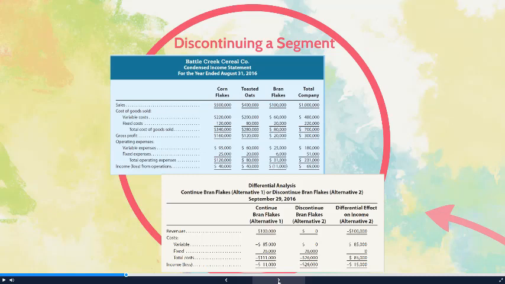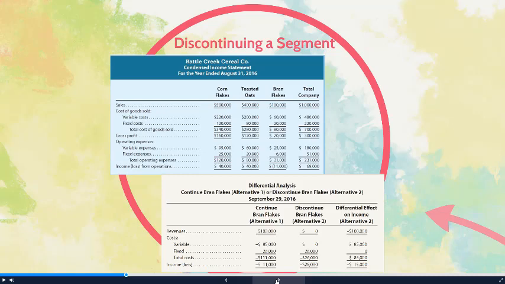First, if we decide to continue with the bran flakes, we include those revenues and the costs associated with it, showing that loss of $11,000. If we decide to discontinue, all of those revenues would go away, as would the variable costs. But we would continue to pay those fixed costs even if we discontinue this segment.